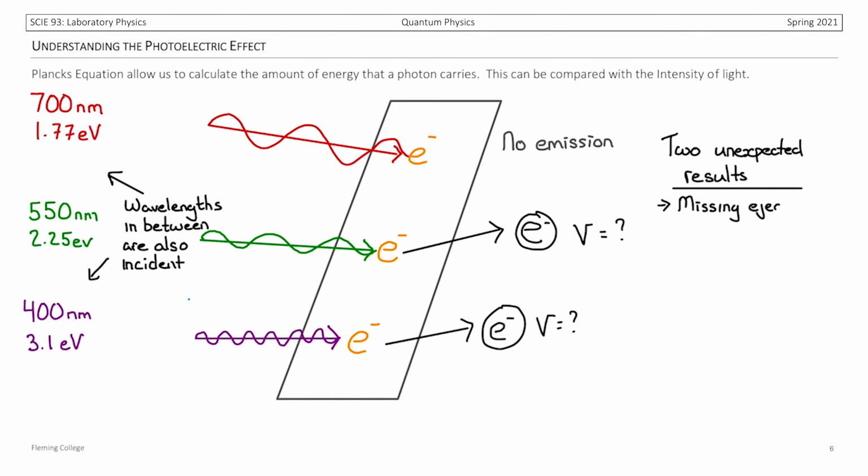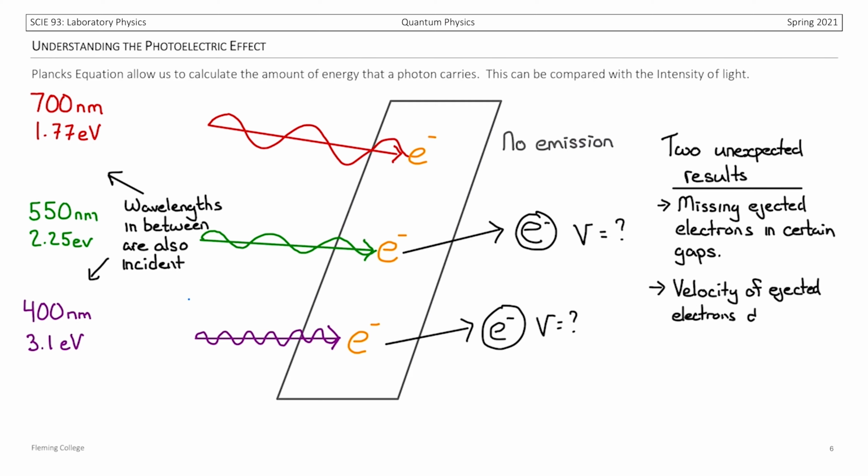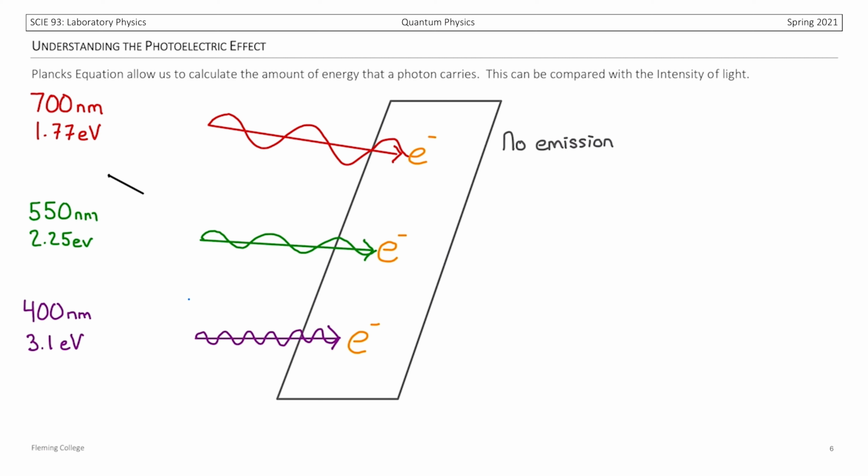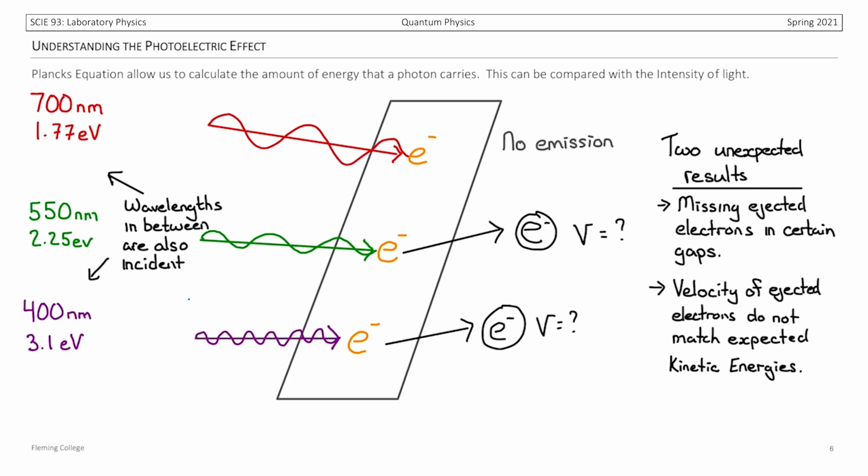Again, the classical theory was that if we increase the brightness of the light, green or purple, we should see more kinetic energy on the electrons that come from those lights. But that's not the case that we're seeing. Similarly, in between these wavelengths, we're not seeing particles get ejected in a continuous manner. So the energy here is being very, very quantized. It's got discrete gaps. To understand this, we need to look closer at the structure of the atoms in this surface.